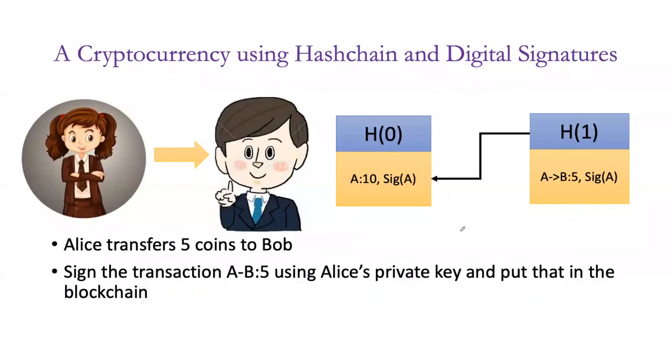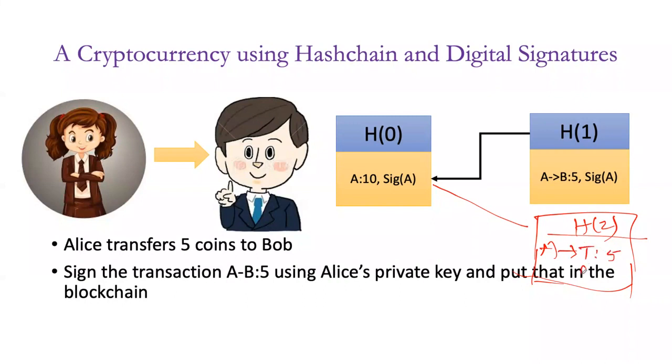So this process continues. If Alice sends another 5 coins to any other user in the network, then Alice will generate another hash, and suppose Alice sends 5 coins to Tom, then it will generate the signature of Alice, and this block is exchanged between Alice and Tom.